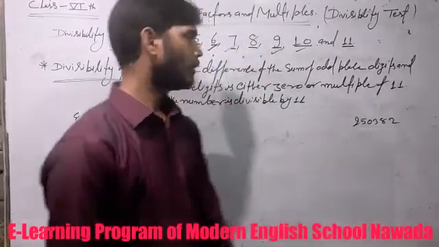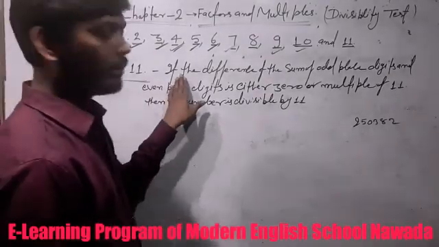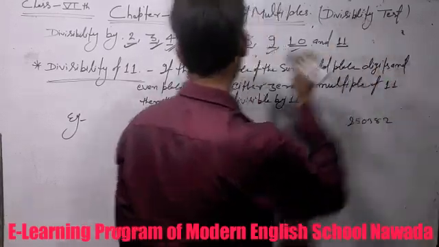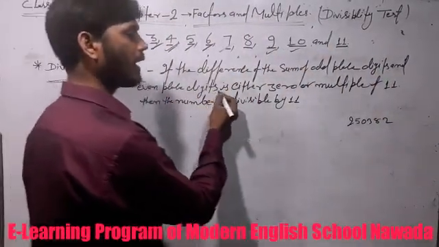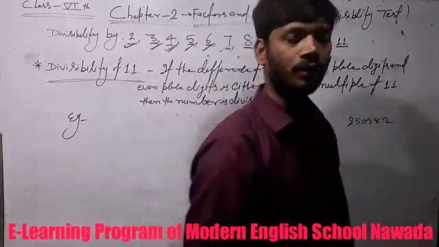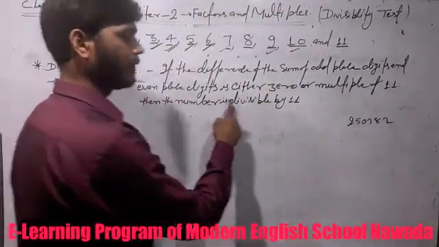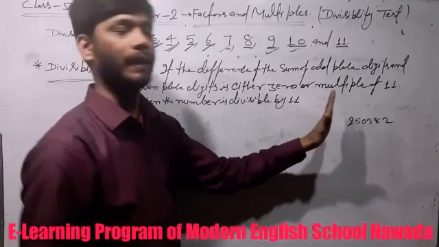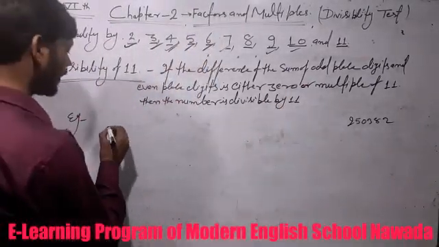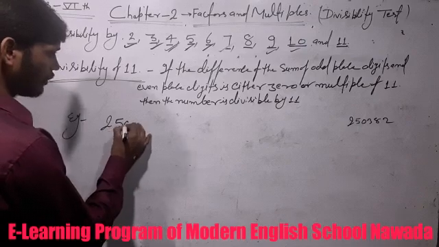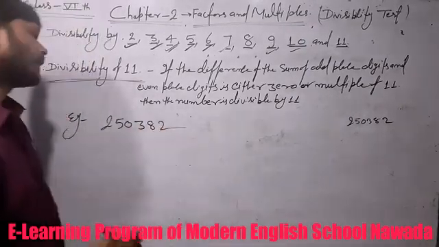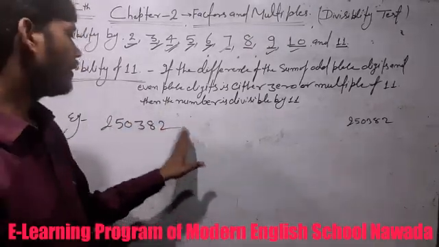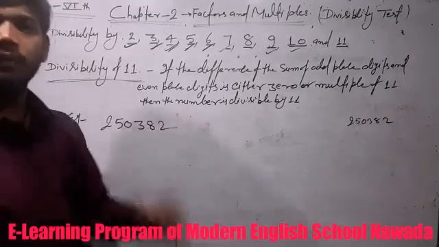Divisibility of 11: if the difference of the sum of odd place digits and even place digits is either 0 or a multiple of 11, then the number is divisible by 11. Understand this divisibility by an example. Suppose I write a number 250382. Here a number is written, and how will you identify if this number is divisible by 11?